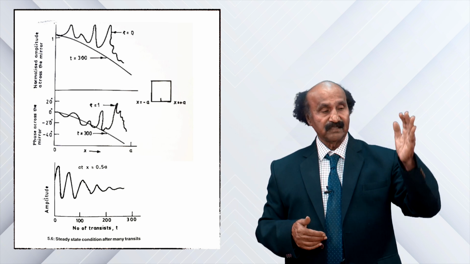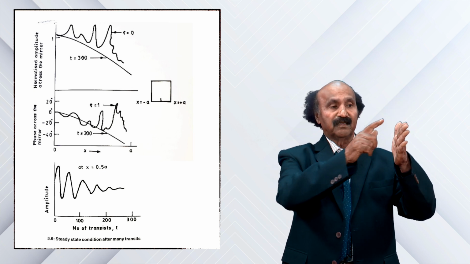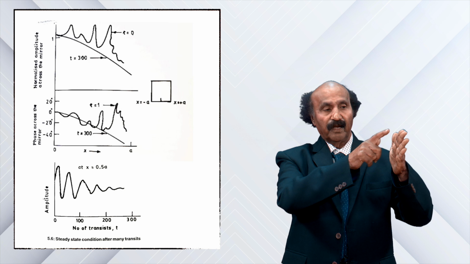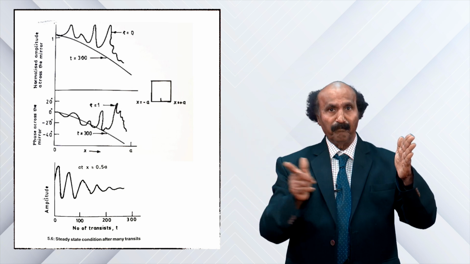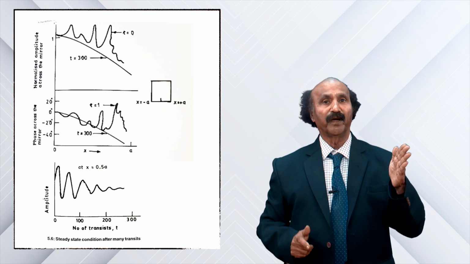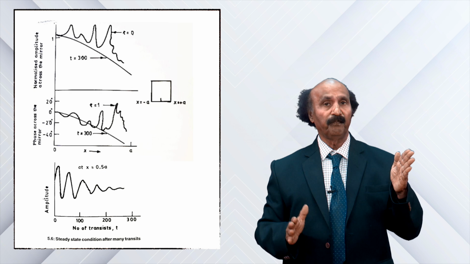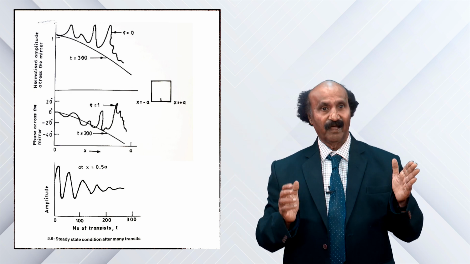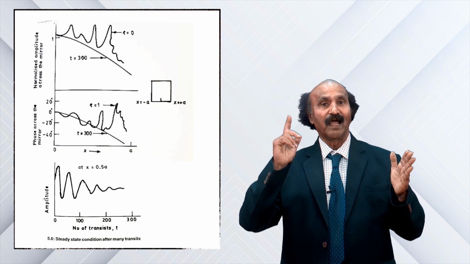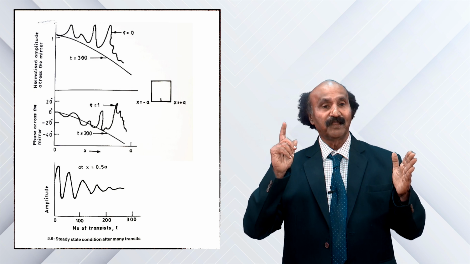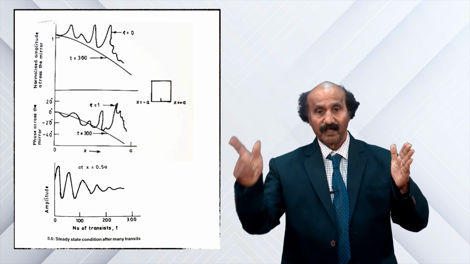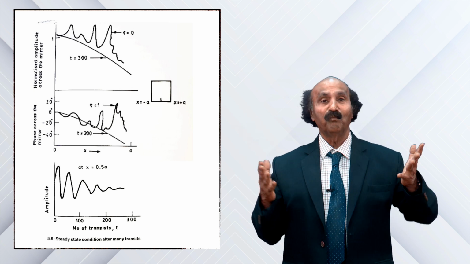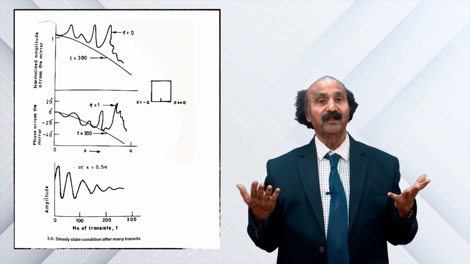Let me repeat. Suppose I look at a point on the mirror. Then it will go and come back to the same point after 1 nanosecond if the distance between the mirrors is 15 centimeter. Now the point is, after 300 iterations, how much time would it take?